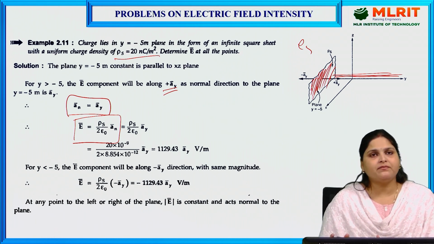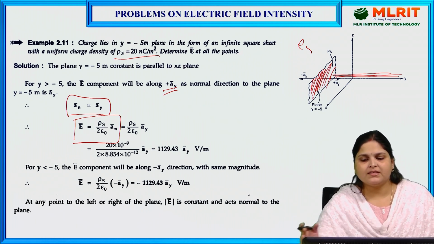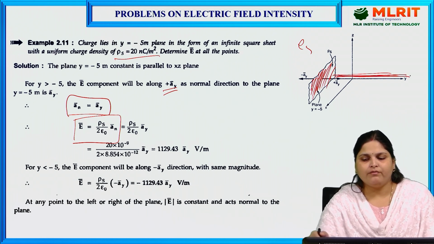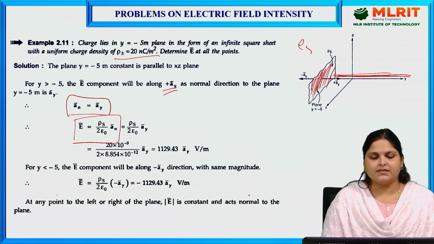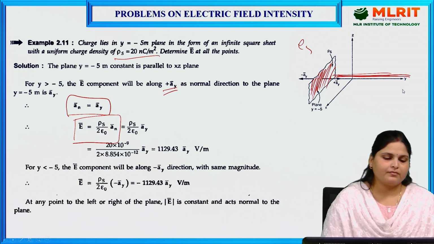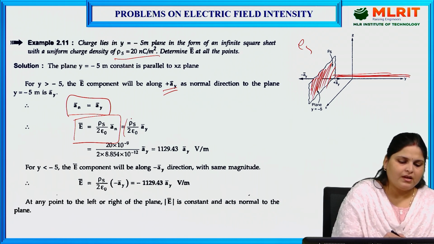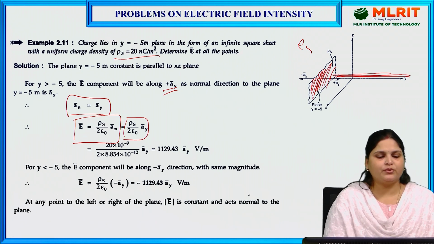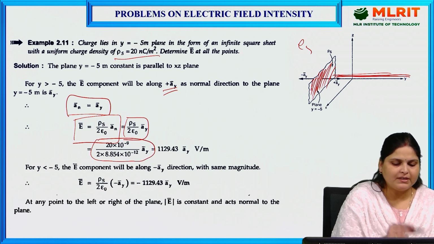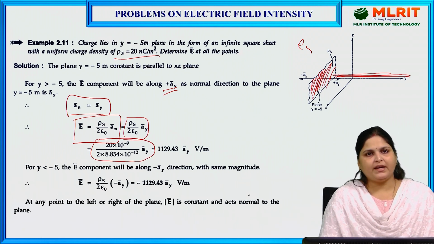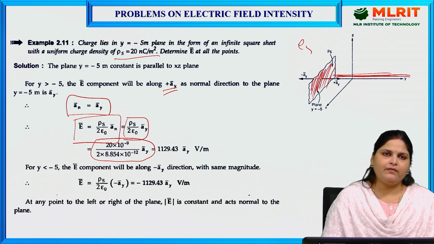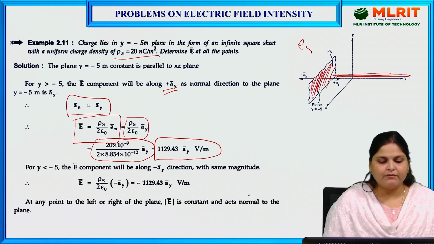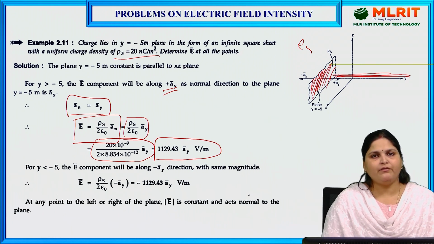So it is in the positive y direction, because this side, greater than y equals minus 5, is this side of this particular axis. So it will be positive. As per the formula, rho s upon 2 epsilon naught AY. Rho s we will put 20 into 10 to the power minus 9 divided by 2 into 8.854 into 10 to the power minus 12 AY. When we solve it, we will get 1129.43 AY volt per meter.